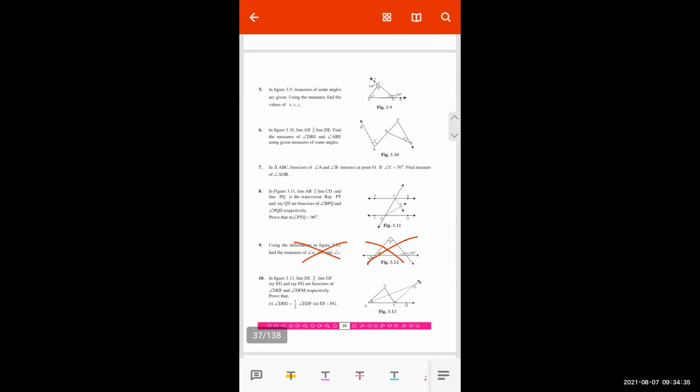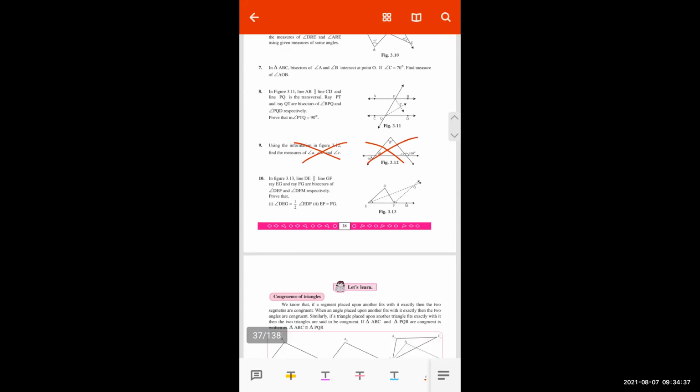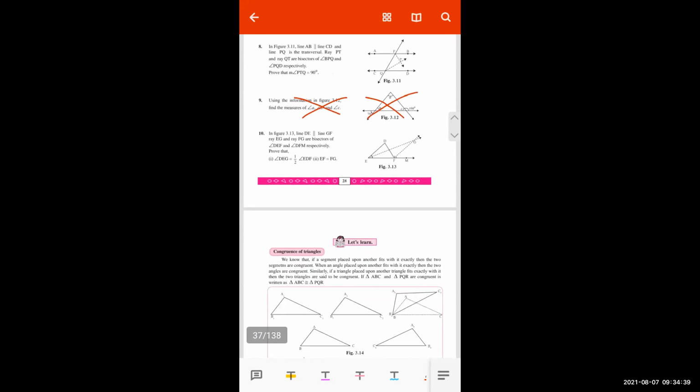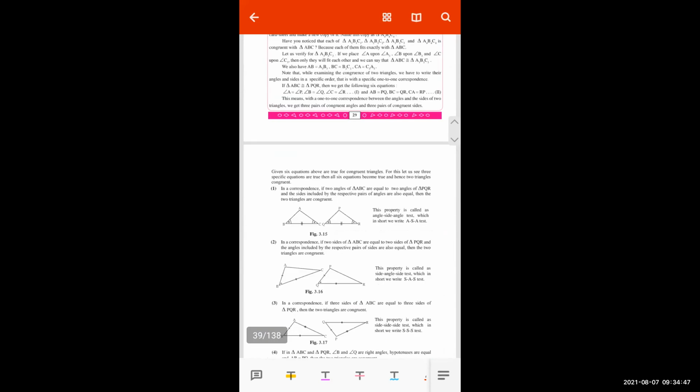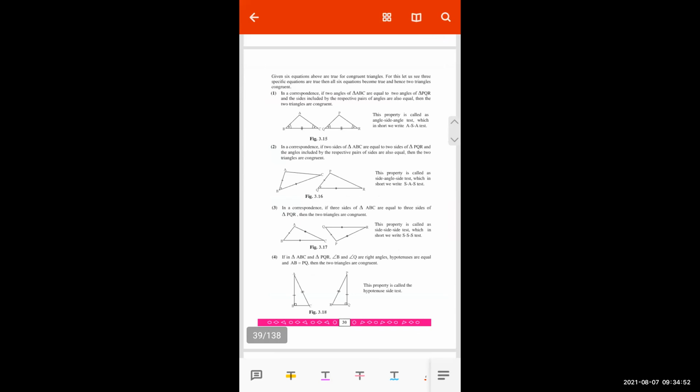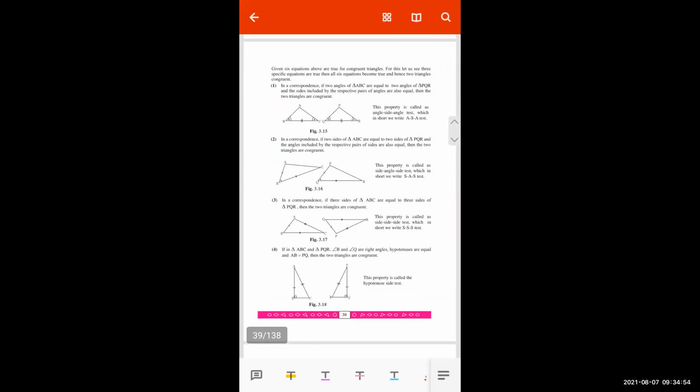Page number 29, you have to learn completely, nothing omitted. Page 30, learn completely. Page 31, learn completely. Page 32, also learn completely.